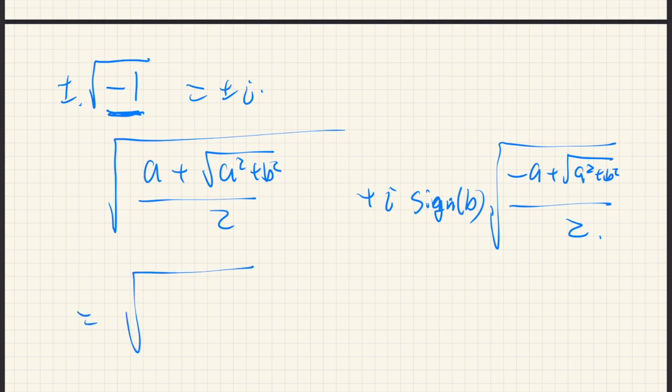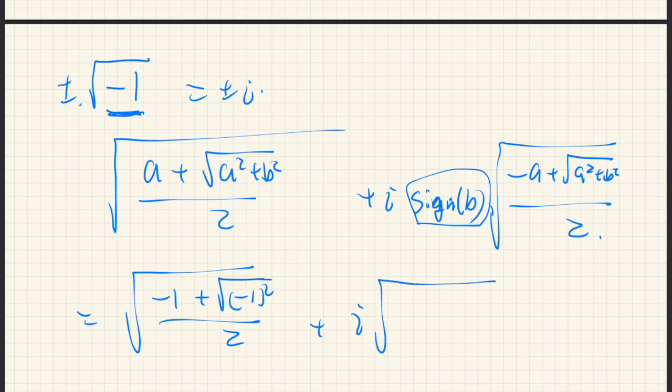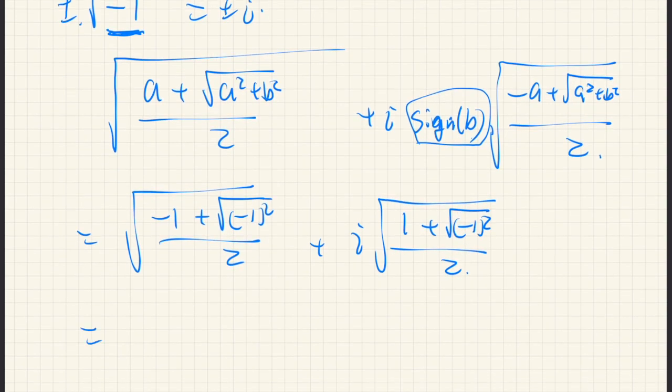So that is negative 1 plus the square root of negative 1 squared. And b is 0, so sign of b is 1, so it's positive. Negative a is 1, and the square root of negative 1 squared is 1. So negative 1 plus 1 is 0, and i times 1. So indeed, this is i. Of course we need to add plus minus here.